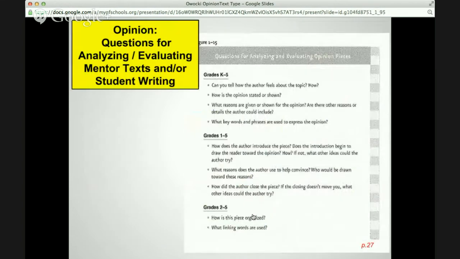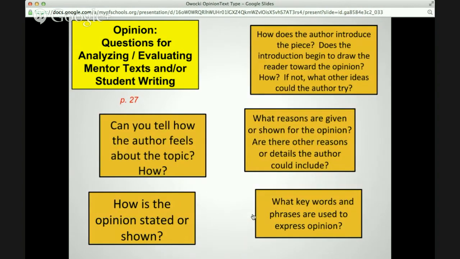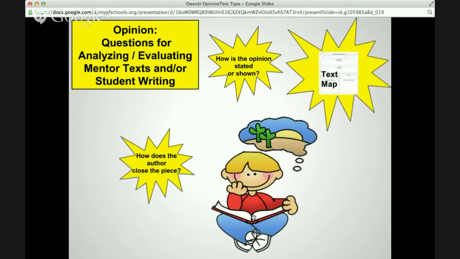We know that when kids are reading, on page 27, we see the questions for analyzing mentor texts or student writing that are around the opinion text type. Allie has loaded the question cards, so that you have them right at your fingertips, so that students have them right at their fingertips to analyze and to evaluate opinion texts.